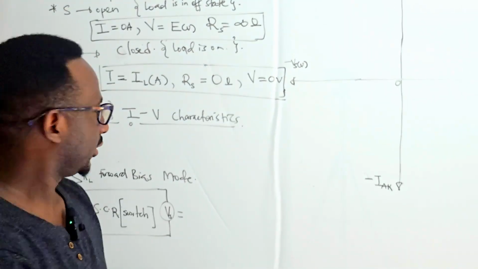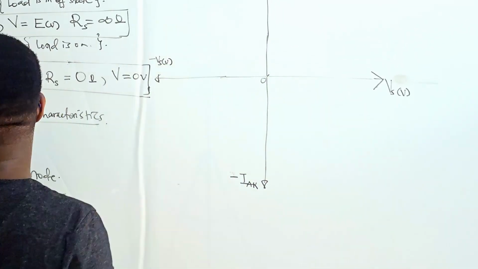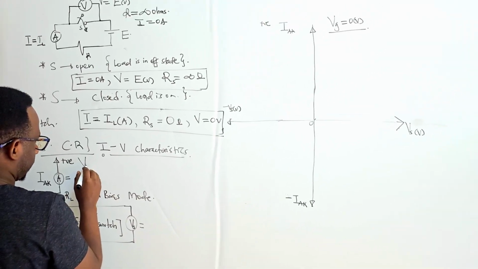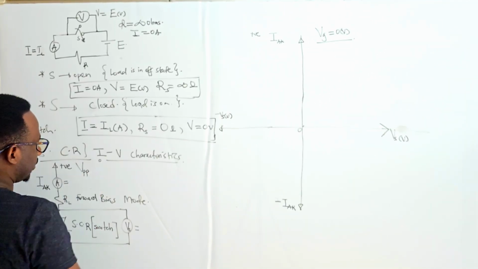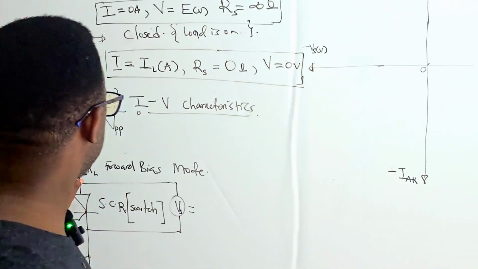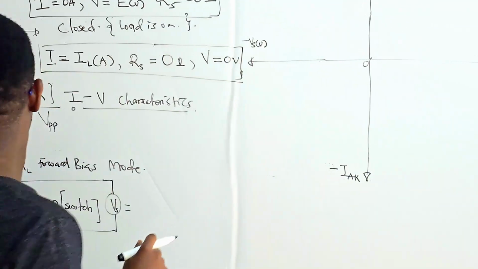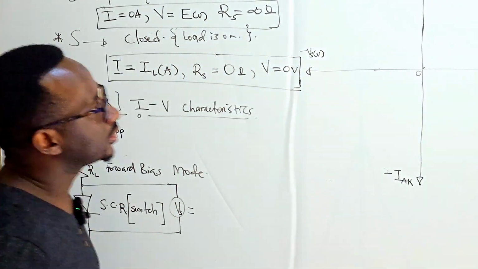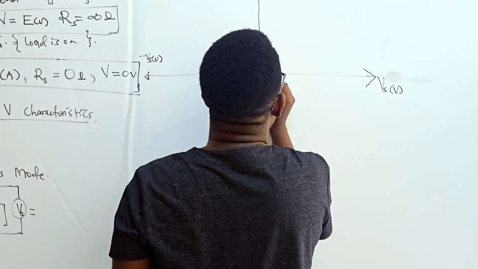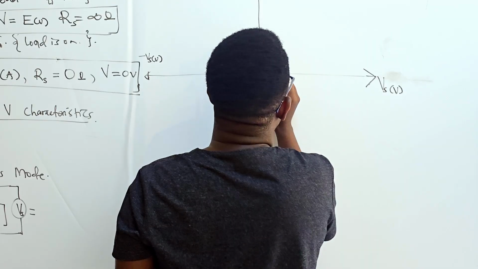what are we yet to have? Let me call this VPP, the supply voltage. If we increase VPP, starting from 0, look at what's happening to the current IAK, the current through the thyristor, on this axis. We will experience a very small forward leakage current, in the order of microamps.